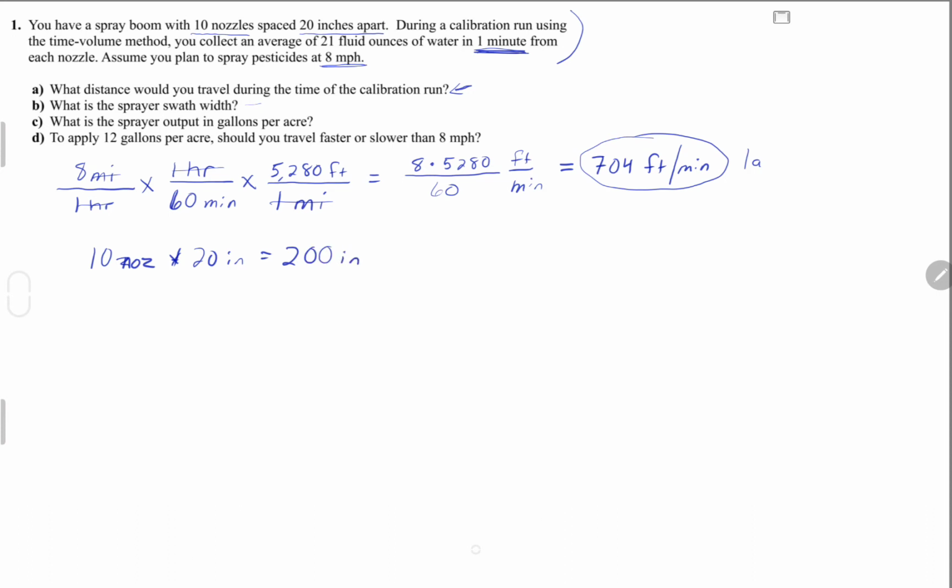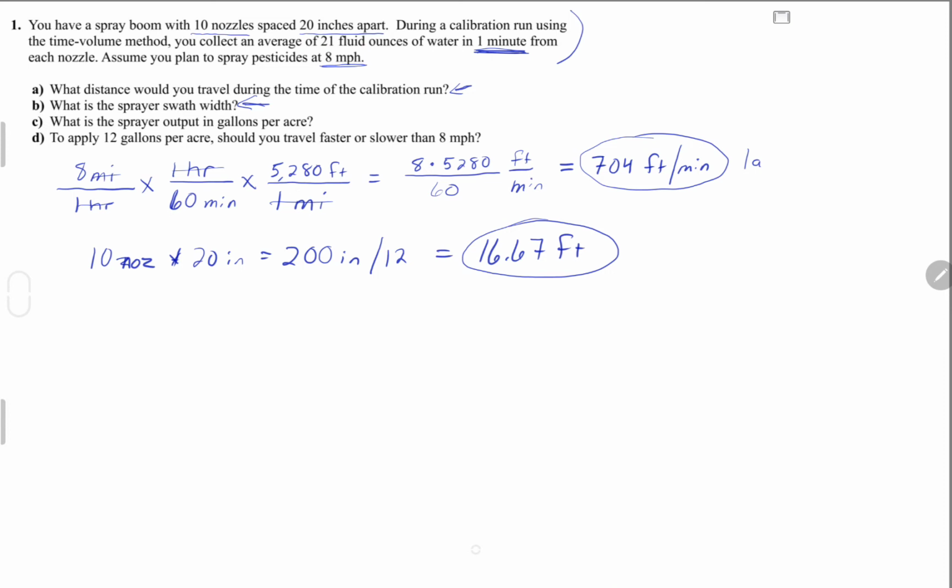But again, it's usually easiest to work in feet, and so we want to divide that by 12 in order to get feet, and that's going to give us 16.67 feet. And this is going to be the answer to part B. Either one would technically be acceptable since it didn't ask for the units. But because we're going to be talking about these in feet, it tends to be easier to say the swath width is going to be 16.67 feet.